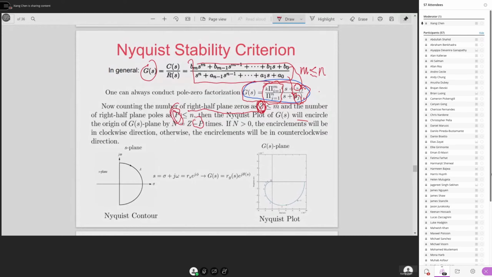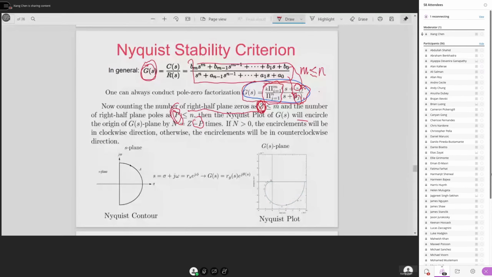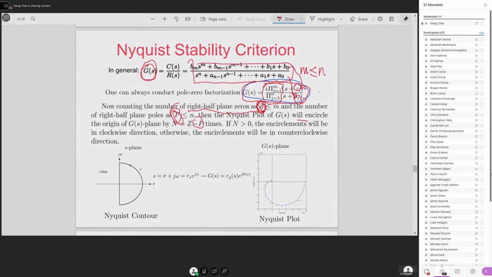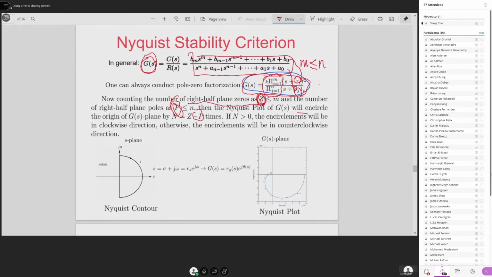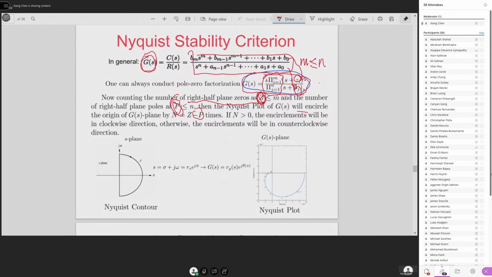Those poles will contribute to the Nyquist plot of G(s) by P encirclements around the origin, but this encirclement is in the counterclockwise direction, right?